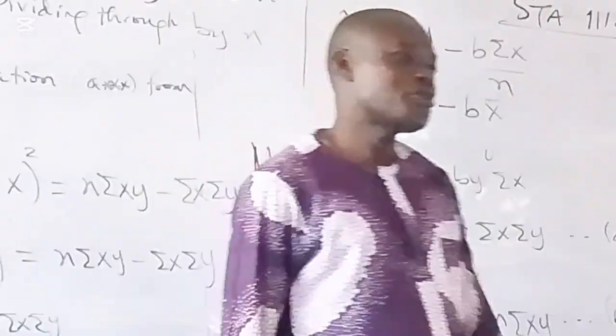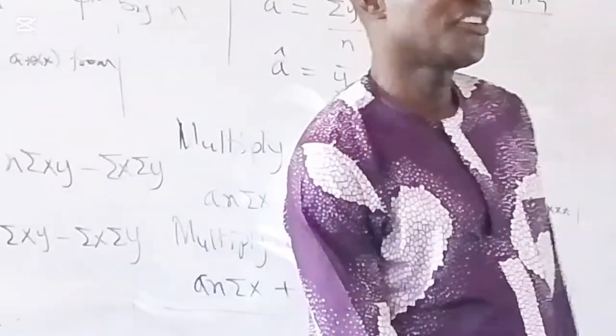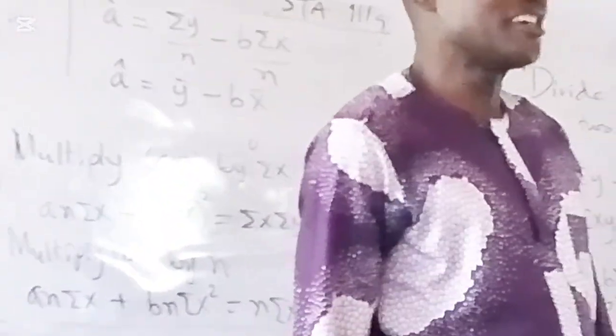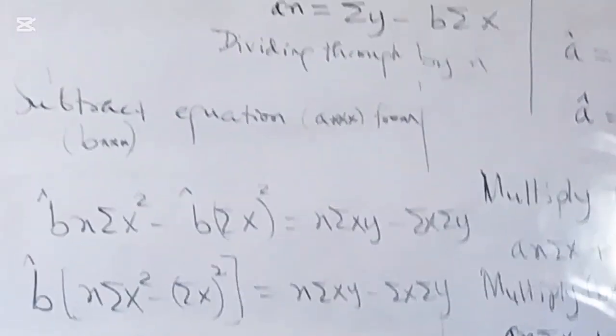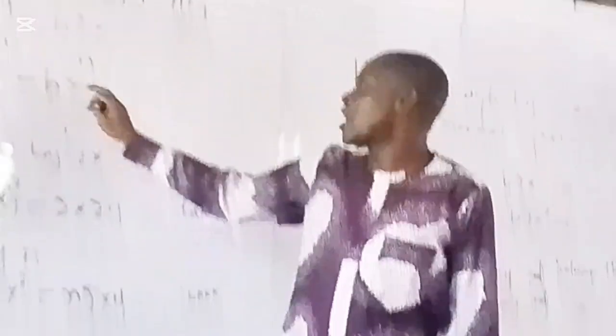So we have the formula representing the first parameter, the intercept. The intercept of a linear model is given as y bar minus b x bar.